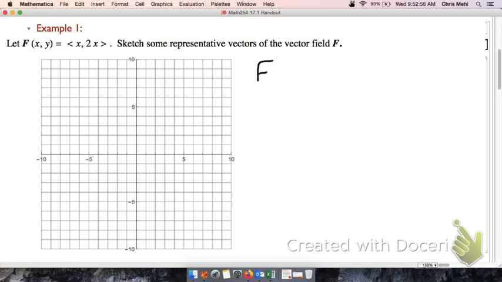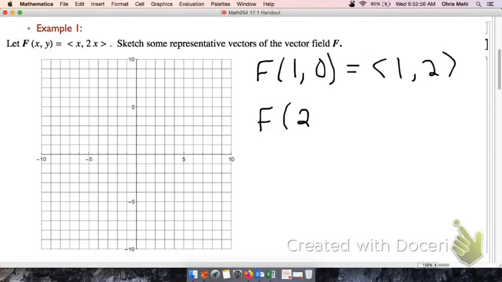You can do F of 1, 0, and that would be 1 comma 2. I could do F of 2, 2, and that would be 2 comma 4. You just notice that the second component is doubling the first, and notice that none of these vectors in the vector field depend on the y-coordinate, since the components are x and 2x.